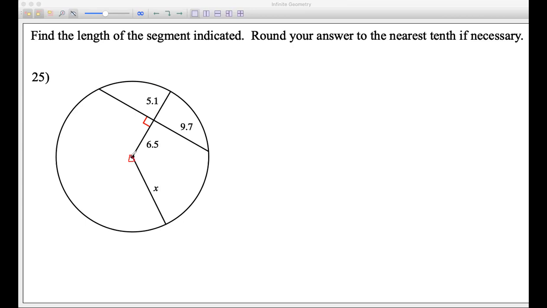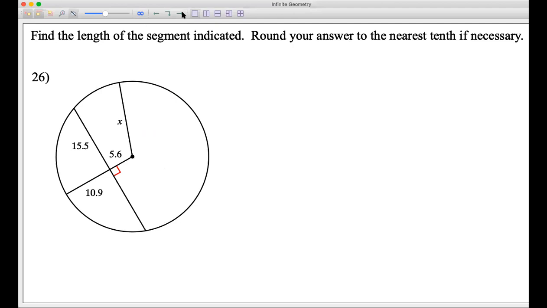A radius is the distance between the center to a point on the circle. So x is a radius. Well, if I go in this direction, that's from the center to a point. And that would involve 6.5 and 5.1, not 9.7. Okay. Done with that one.